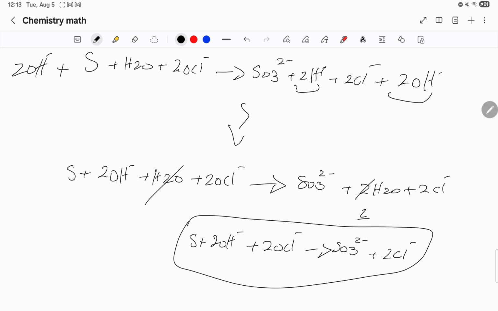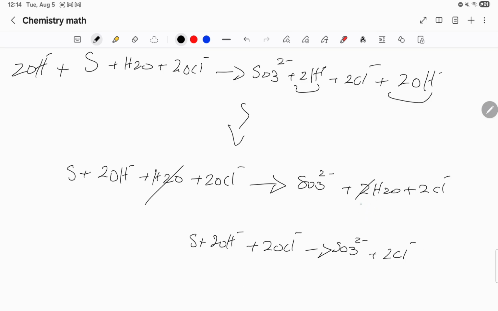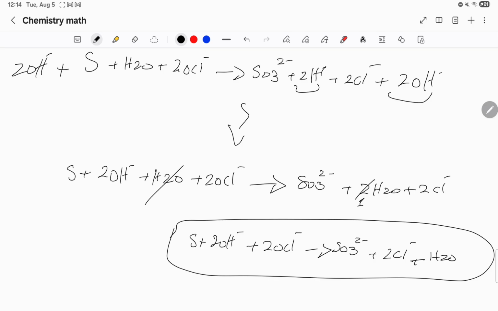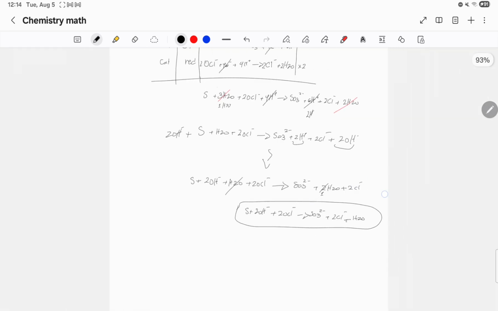So we have S, 2 OH minus, 2 OCl minus, SO3 2 minus, 2 Cl minus, and sorry about that, I forgot. We canceled one water here, so there's one water remaining, and there we go. So this is the final balanced equation in basic solution.